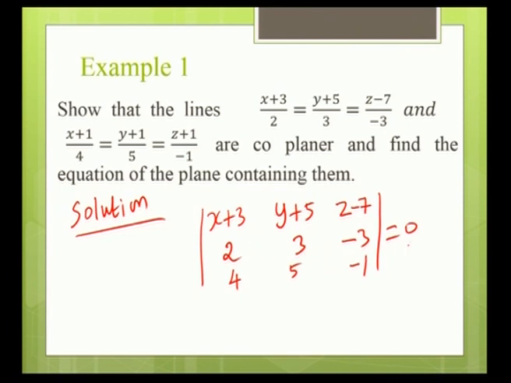The determinant of this one being equal to 0 gives the equation of a plane which contains the first line and is parallel to the second one.